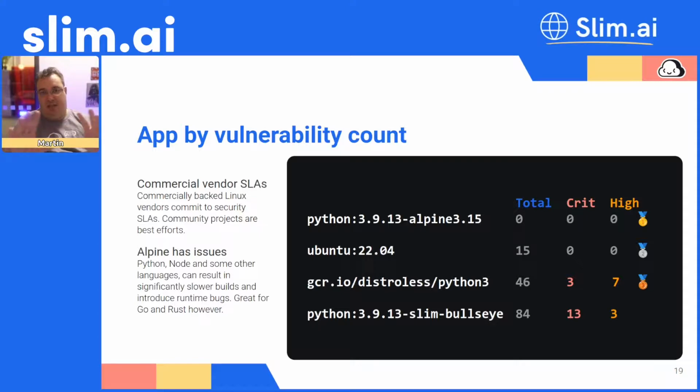And this topic in itself could be a talk in its own right, maybe one we can tackle in the future. So personally, I don't recommend using Alpine for Python apps, and I know there are people in the Node community that feel the same way, that they don't recommend Alpine for Node either. But Alpine can be great for Go and Rust, although you can still run into some friction with incompatible or unexpected behaviors when using Alpine.